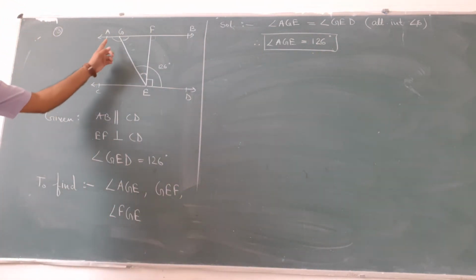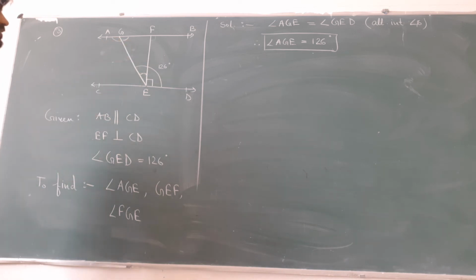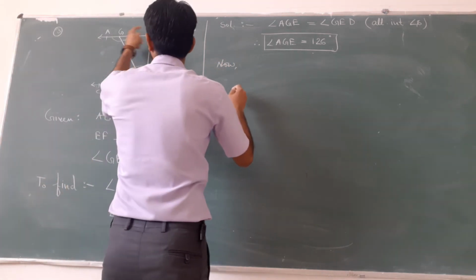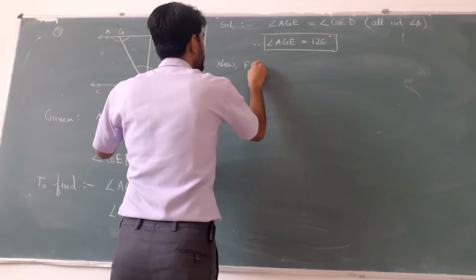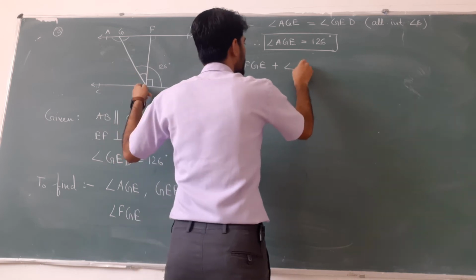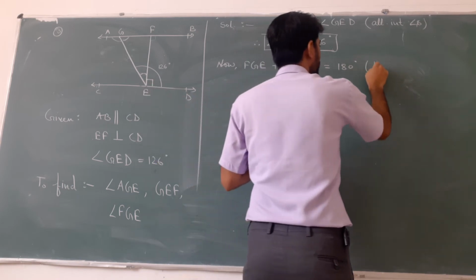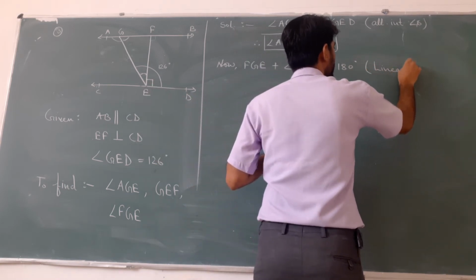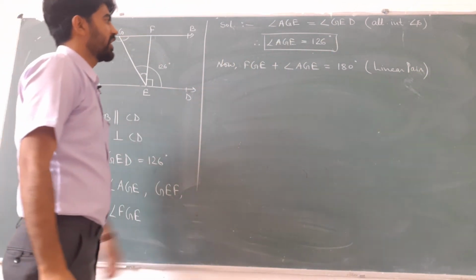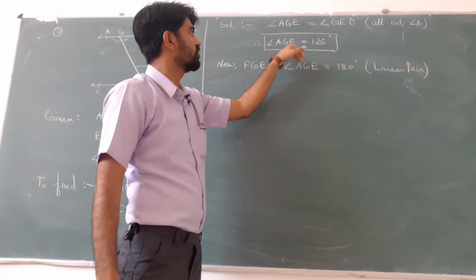Now look here. These two angles are forming a linear pair. Now angle FGE plus angle AGE must be equal to 180 degrees. They are forming a linear pair. Okay. So FGE we have to find, AGE we have just found here.